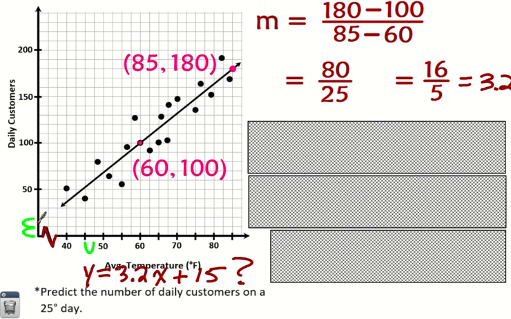Also, you have to be really careful about just seeing where your line is going to cross the y-axis. It's not always that simple, because it turns out the y-intercept is not going to be 15 or 16 or whatever. Not even close.